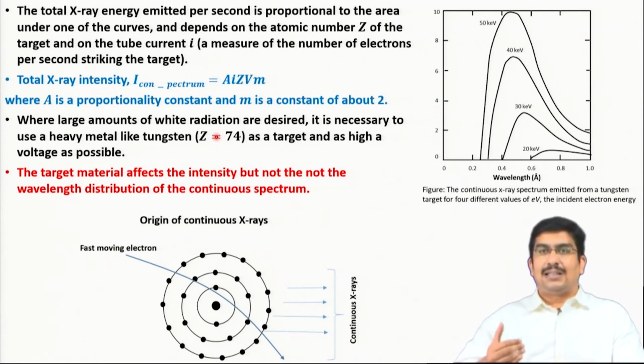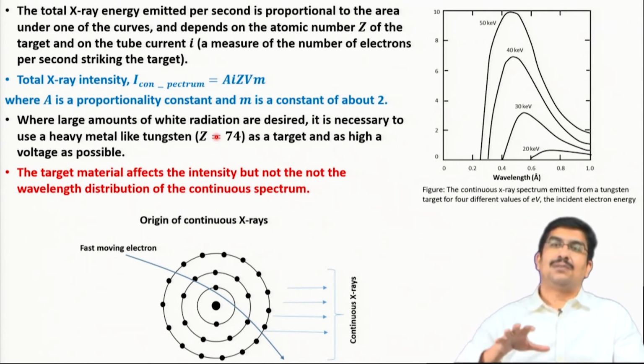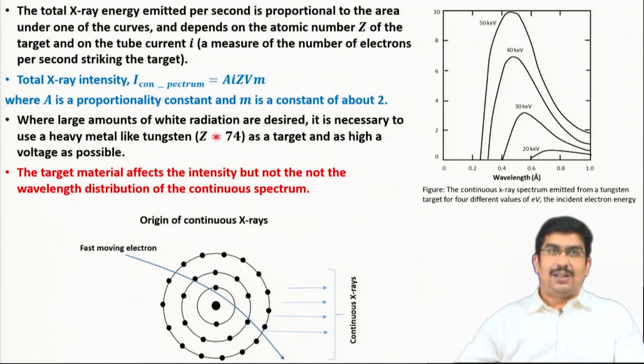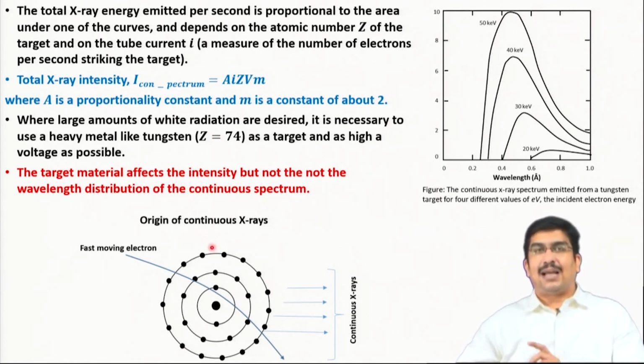Another important point, as we already discussed, is that most of the energy goes here as heat, so the target metal should also have a very high melting point. From both of these considerations, moly or tungsten are better choices as anode material. But one thing is important: the target material affects the intensity, but it does not change the wavelength distribution in the continuous spectrum.